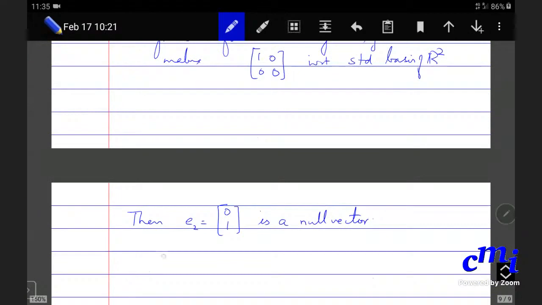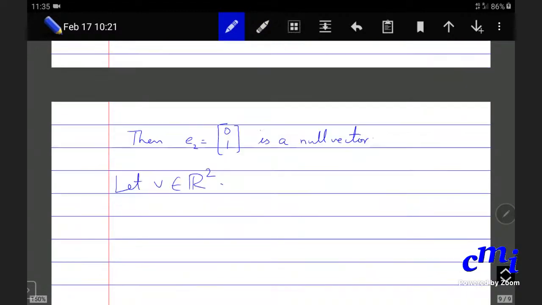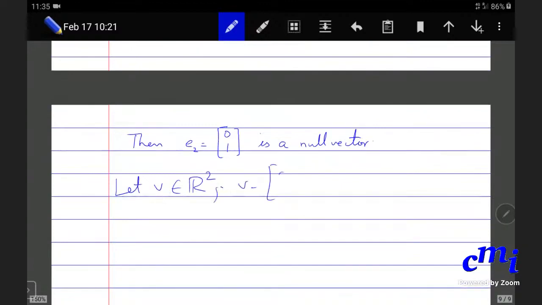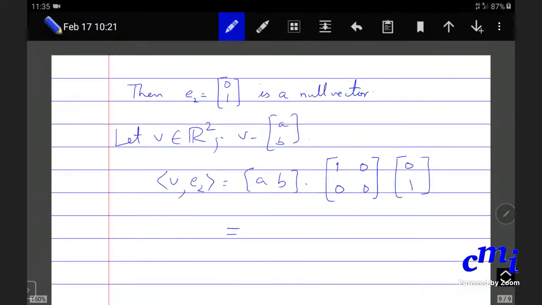If you take any vector, let v be in R2, say v = (a, b). Then the form of v with e2 is just (a, b) transpose times this matrix times (0, 1). The matrix times (0, 1) will just pick out the right column, which is (0, 0).